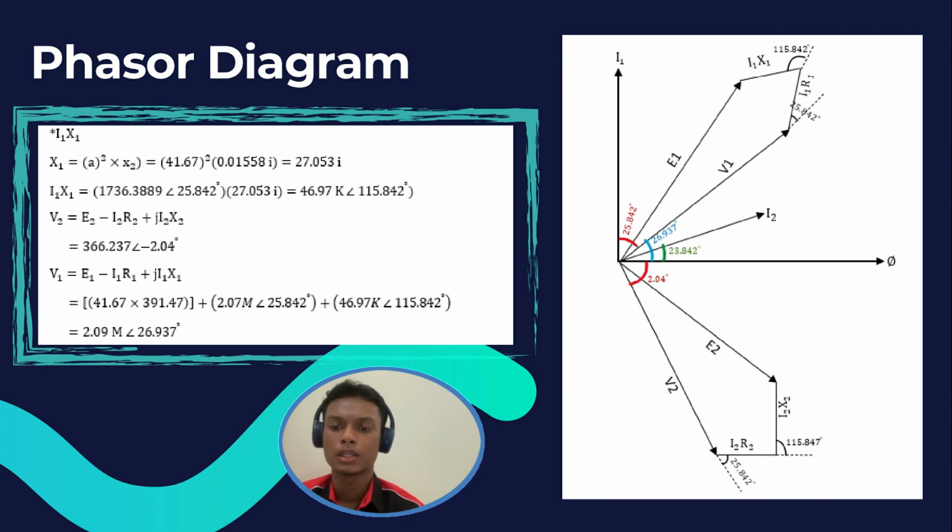For V1, we are using this formula. Then we got 2.09 times 10 to the power of 6 with angle 26.937 degree. So after we get all the values, we are going to draw our phasor diagram according to their magnitude and their angle.